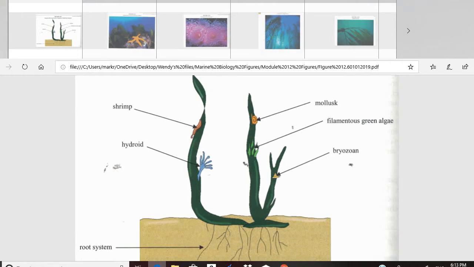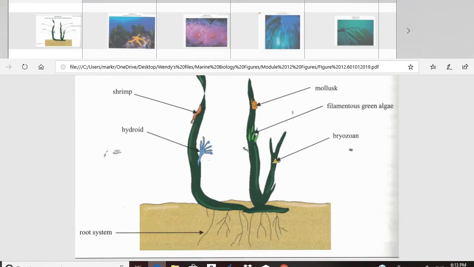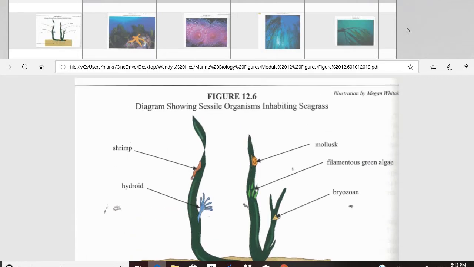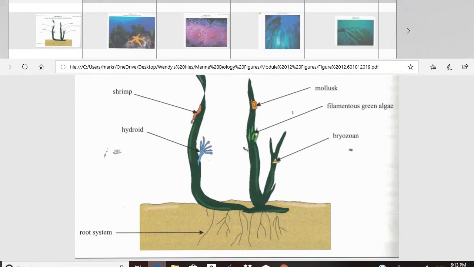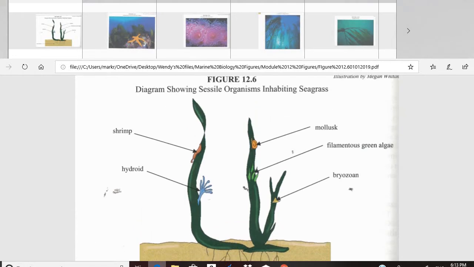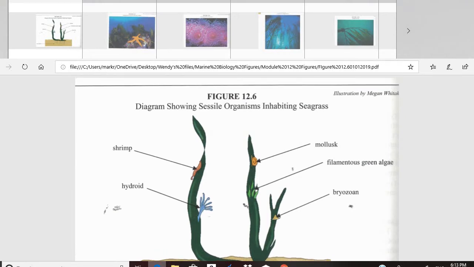There's a shrimp and a hydroid, and there's a mollusk, some type of snail. So the seagrass does provide shelter, and we said that the root system can help prevent some erosion from wave activity.